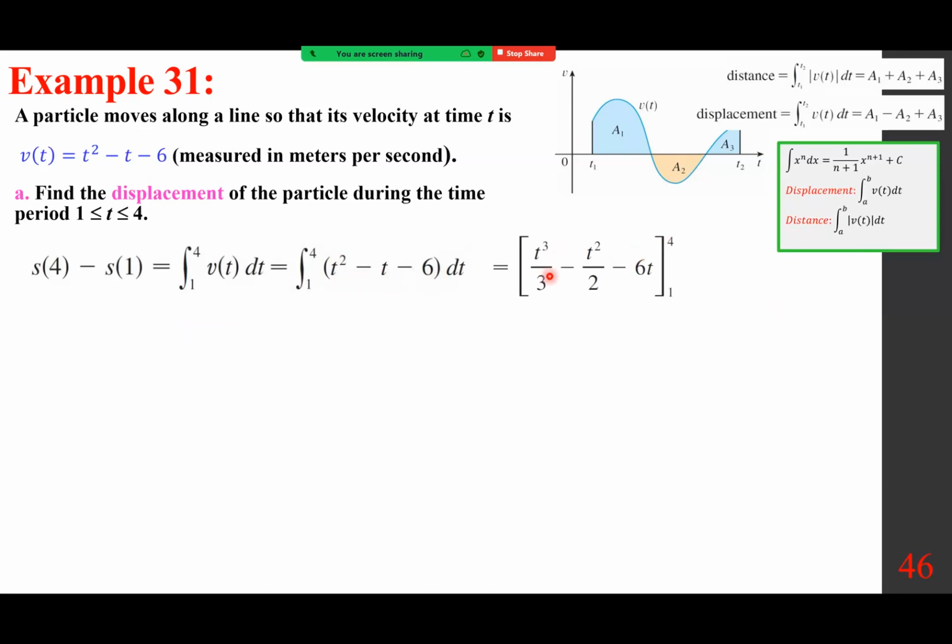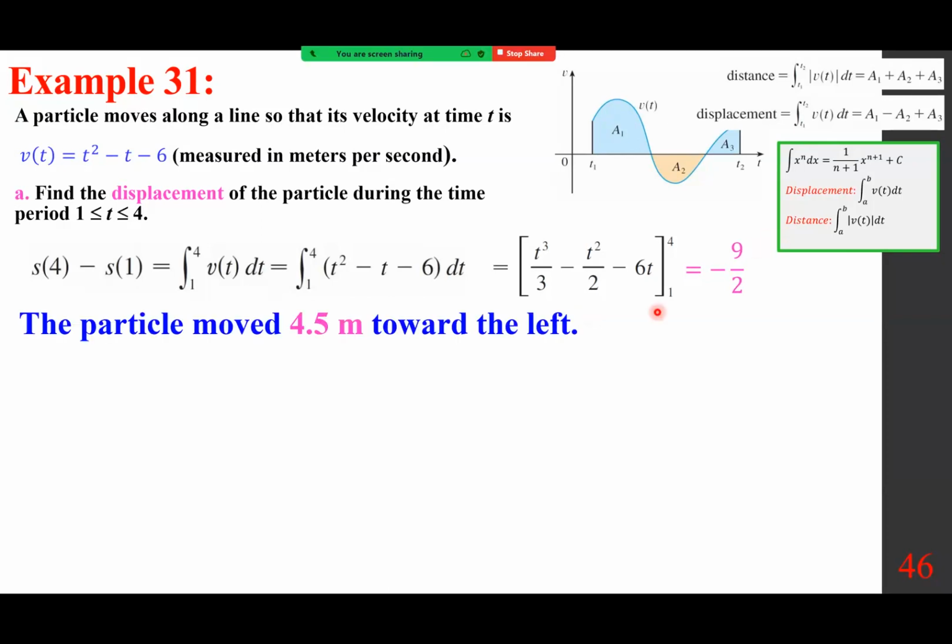You have to plug in 4, it gives you some number. You have to plug in 1, it gives you some other number. Their difference is negative 9/2. So this is the displacement, which means the particle has moved minus 9/2, which means minus 4.5. So we put positive 4.5 towards the left, assuming the right is positive.